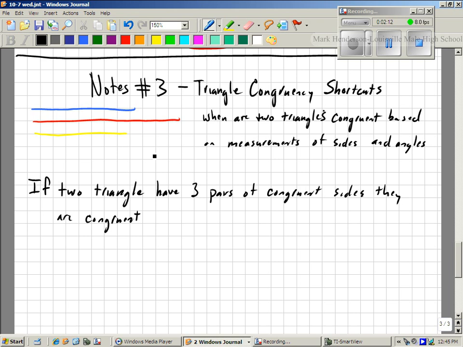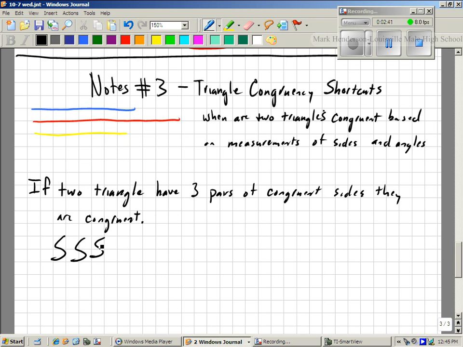All right, that assumes that the pairs are between the two triangles, right? Does everybody know what I mean by that? There has to be a blue side on one triangle and a blue side on another triangle. There has to be a yellow in both and a red in both. Does that make sense? That's what I mean by pairs. So we call this shortcut side, side, side.